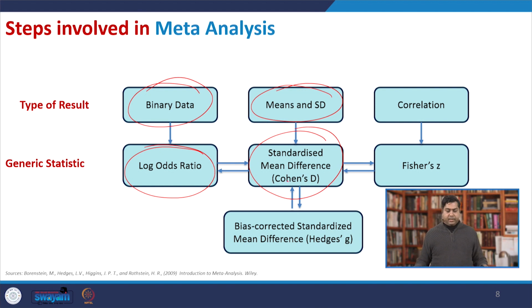There we can use Cohen's d statistic, or where you have a bias-corrected standardized mean difference, you can go for Hedges' g statistic. So, these are some statistics by which we can calculate the effect size. If it is a correlation among variables like parents' income and the decision, in such cases we have Fisher's z as our generic statistic.